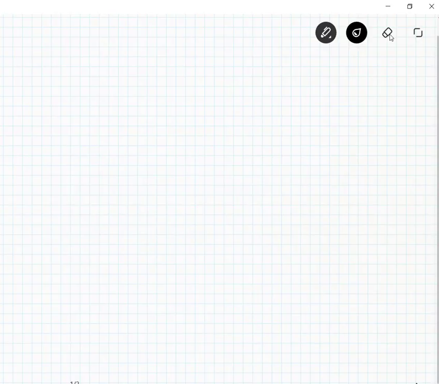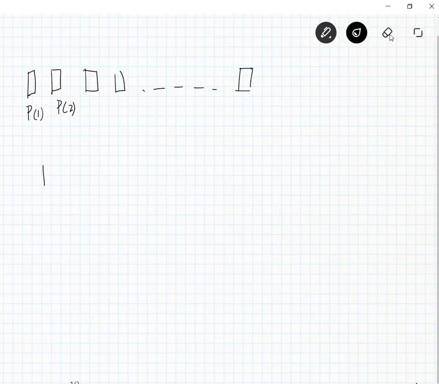People think of it as dominoes a lot of times, because here's P of 1, here's P of 2, P of 3, P of 4, and so on. And this part that says P of n implies P of n plus 1 is saying the distance between these dominoes is short: if you knock this one over, it's going to knock over the next one, for every single one of these.